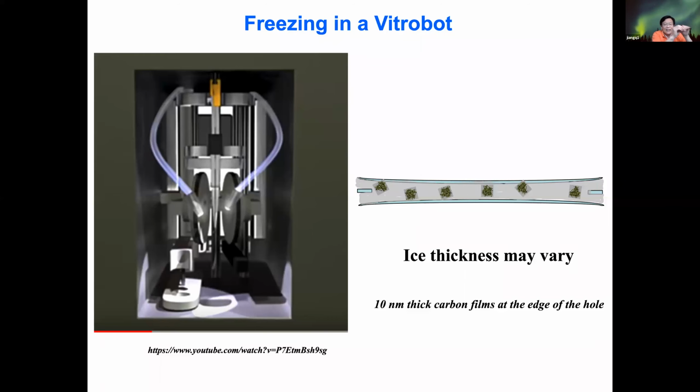There will be no ice crystals around the molecules, and the molecular structure will not be damaged. Shown here on the right side is the thin ice across a single hole in the holey film, which I showed in the last slide. You can see that the individual molecules still float around in the thin ice in different locations.